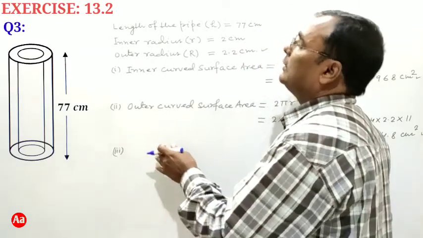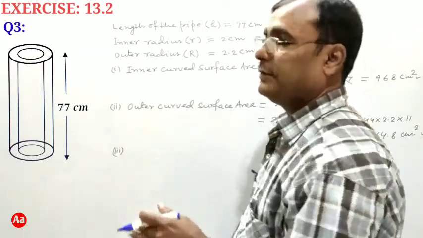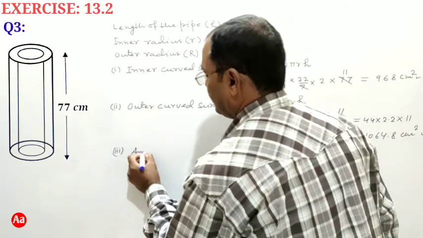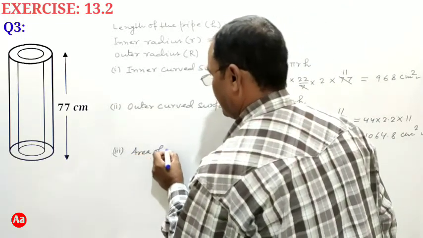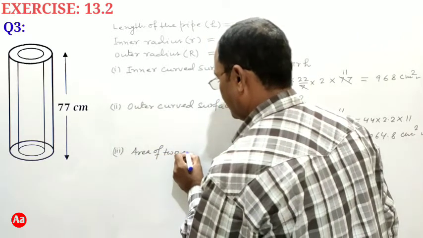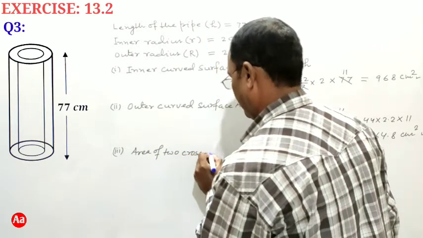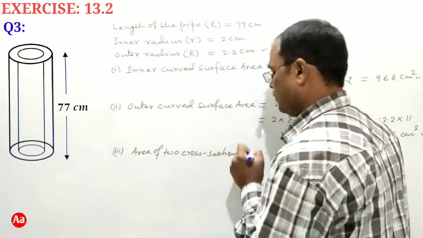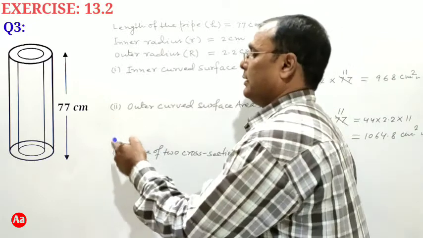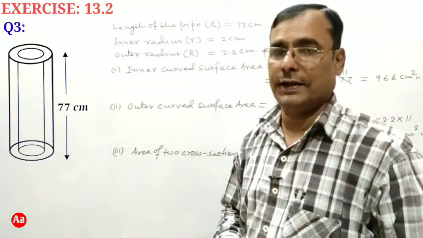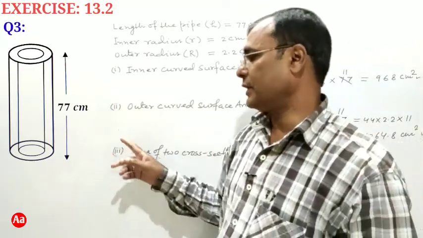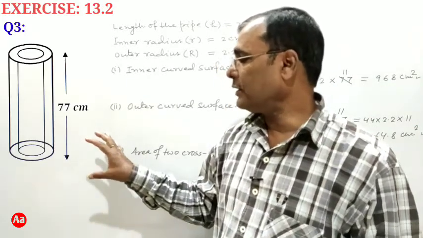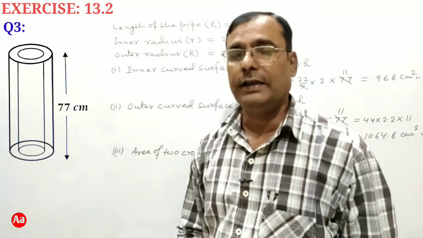So first let us find the area of the two cross sections of the pipe. Now see, the cross section is in the ring shape. So the area of the cross section, which is in the ring shape, is going to be the area of the outer circle minus the area of the inner circle.